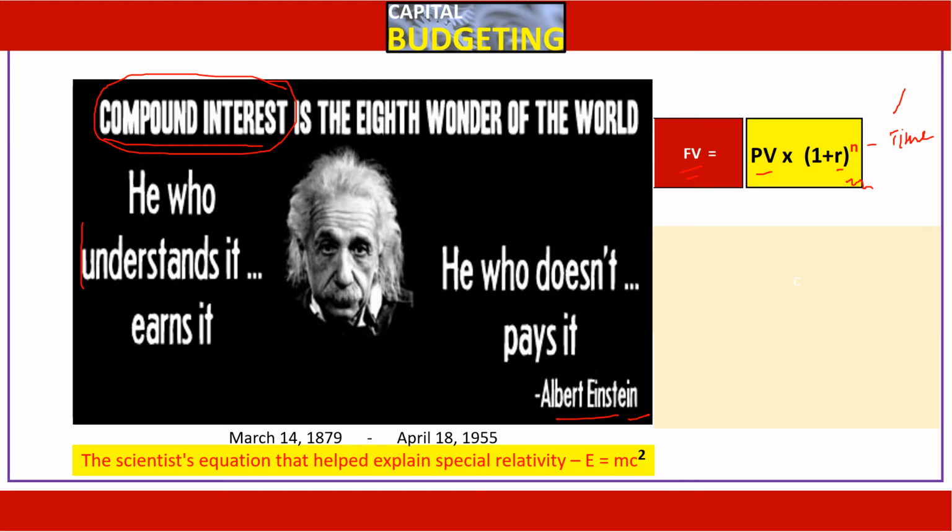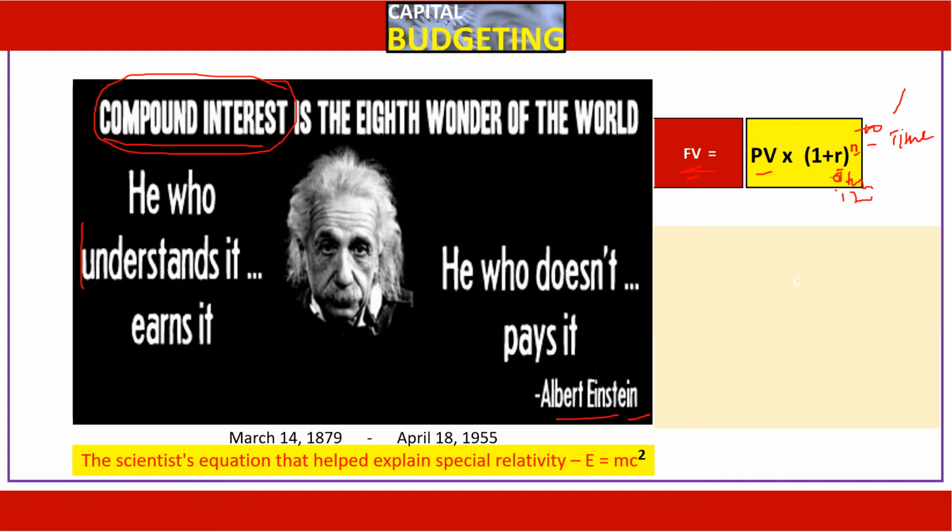If rate of interest, say for example, it is 12% per annum and you are taking it for 5 years, then it will be 0.12 here and n will be 5. If you take it for months, it will be 12 divided by 12, 0.01, 1%. Number of months will be 5 into 12, 60 months.